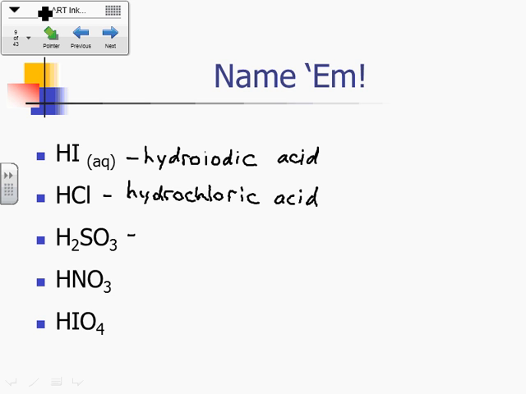H2SO3, sulfurous, which we actually did that one already, didn't we? Sulfuric acid, HNO3, nitric, we already did that one too. And then HIO4. Was that one on your polyatomic ion chart? This is periodate, so you would call it periodic acid.